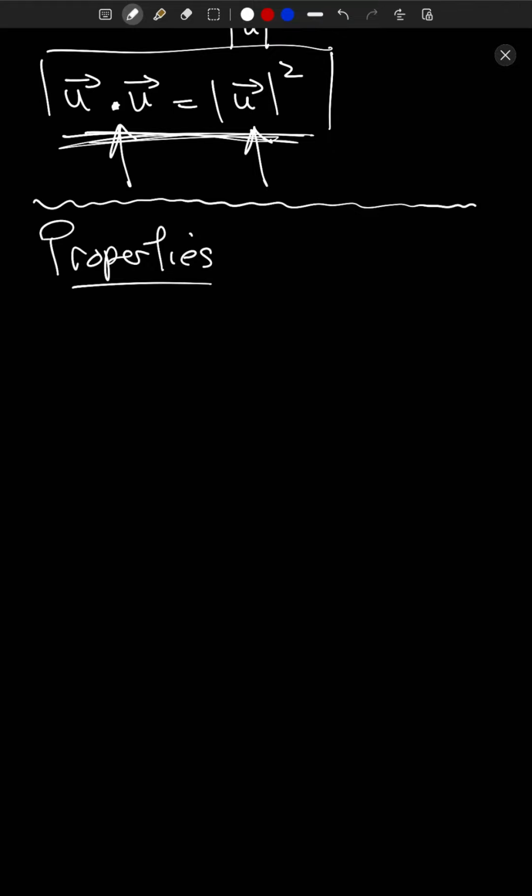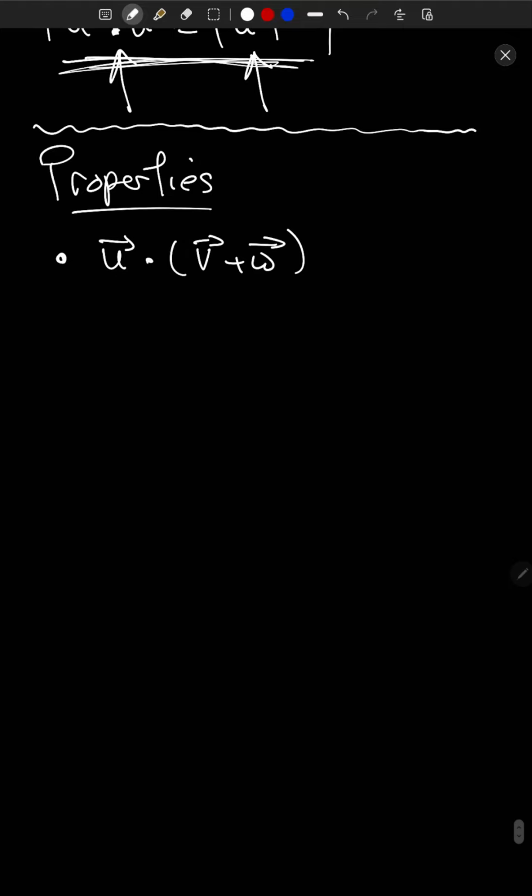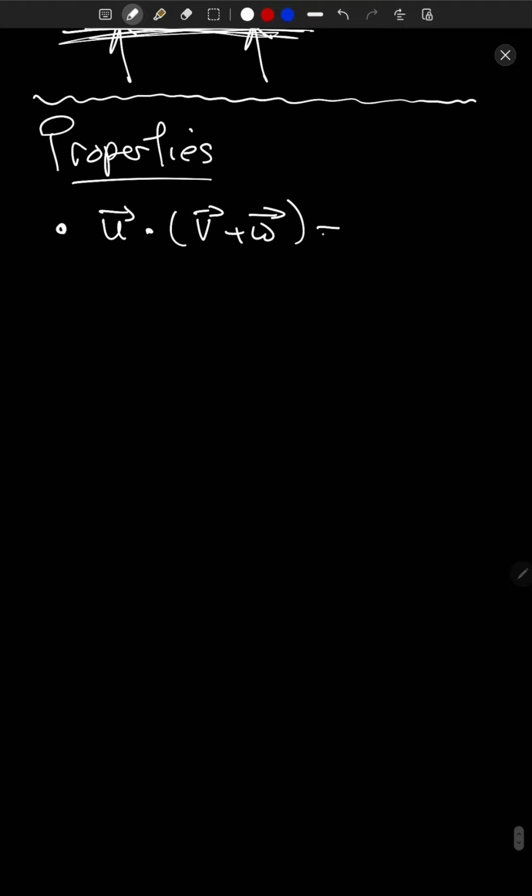So let me write down the interaction of the dot product with vector addition. u dot (v plus w): if you write this out using our definition of dot product, you'll see pretty easily that this is the same as u dot v plus u dot w.